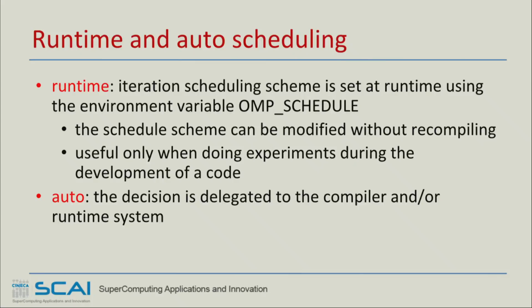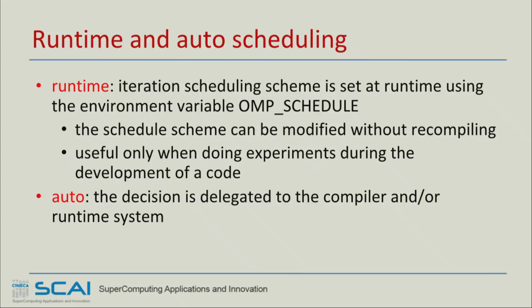There is also another, the last option is auto. So you can use this option, and in this case, the decision is delegated either to the compiler or to the runtime system. So if you don't want to take any decision, just let it auto.